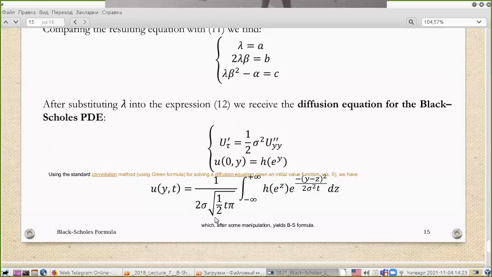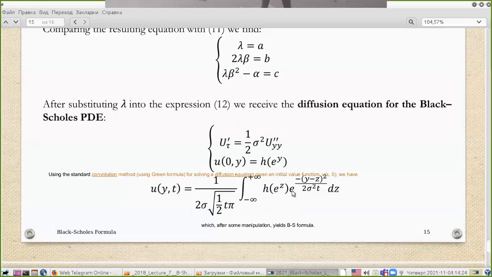And we can rewrite this with 2 only in the denominator. Yes, we can rewrite this, and it will be sigma square root of 2 pi t. And you see that it is like a normal distribution.